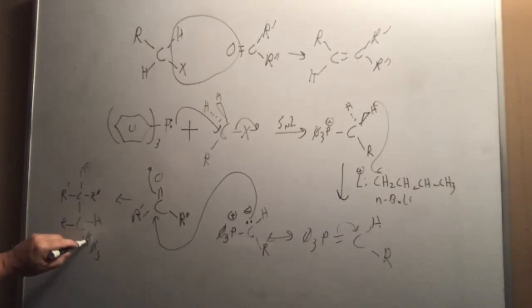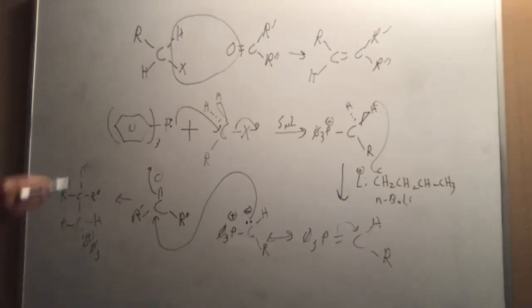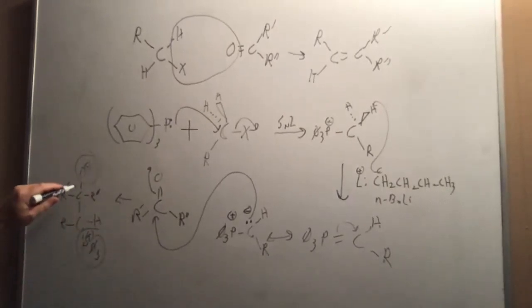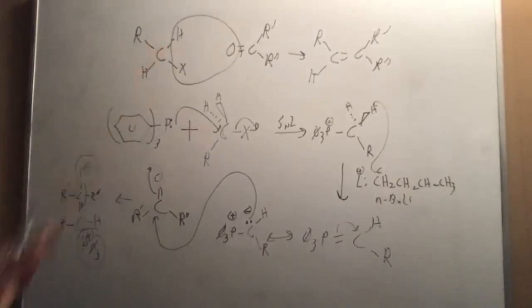And the phosphorus has a positive charge. Then these two pieces get together and leave, taking this pair of electrons down, forming the double bond.